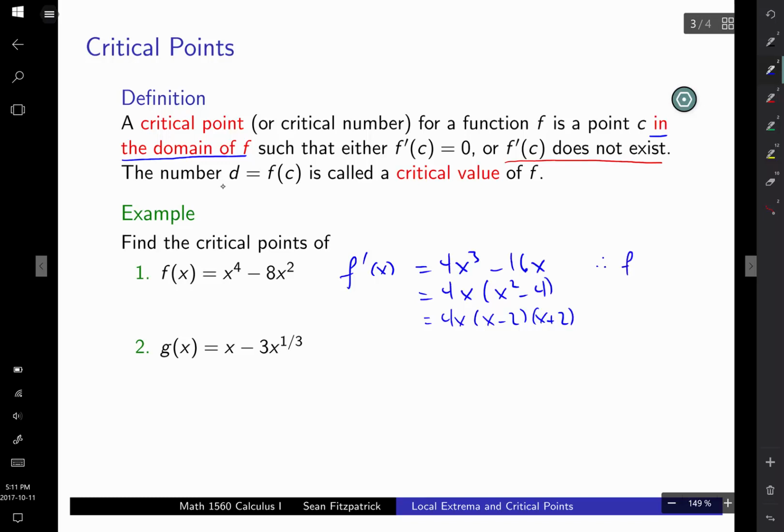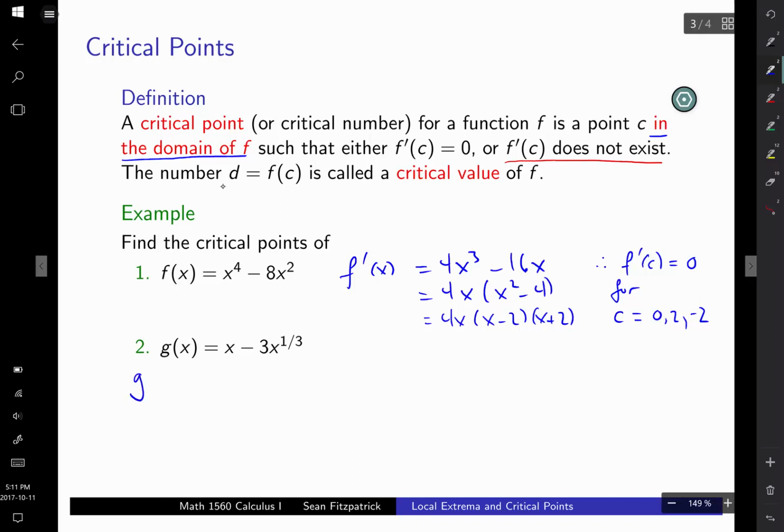So we can see that f prime of c is 0 for c equal to 0, 2, or minus 2, and obviously there are no points where the function is undefined. So those 3 points are our critical points.